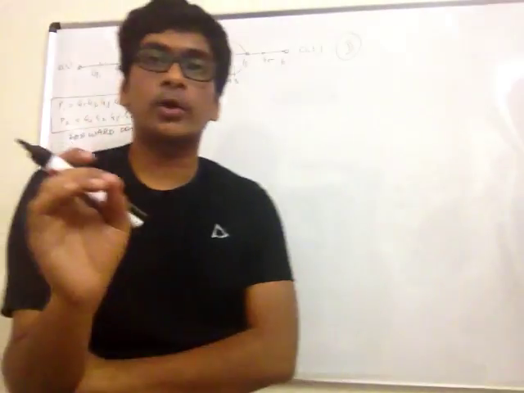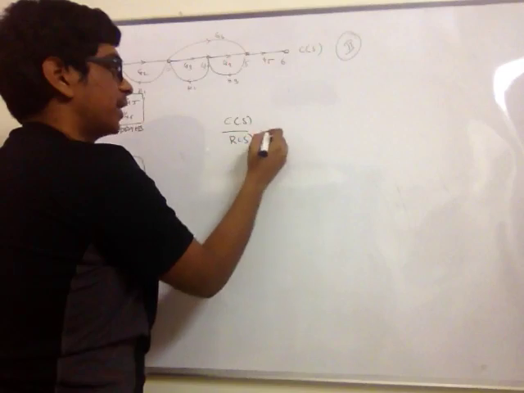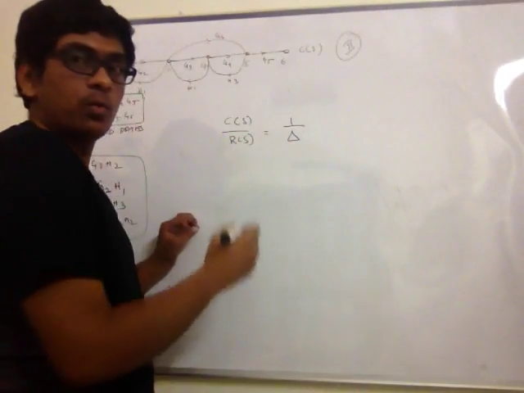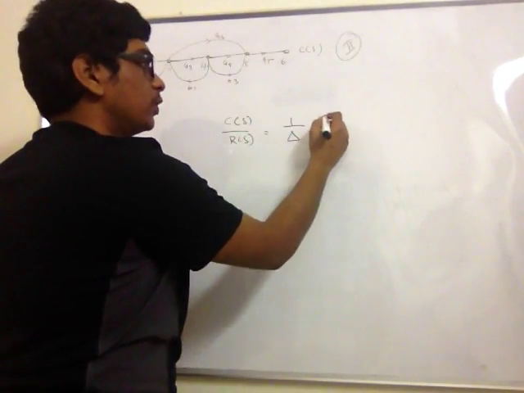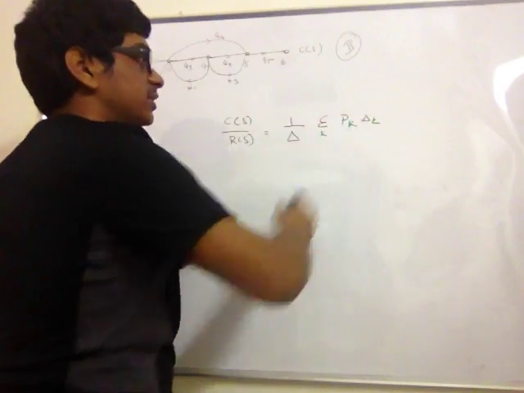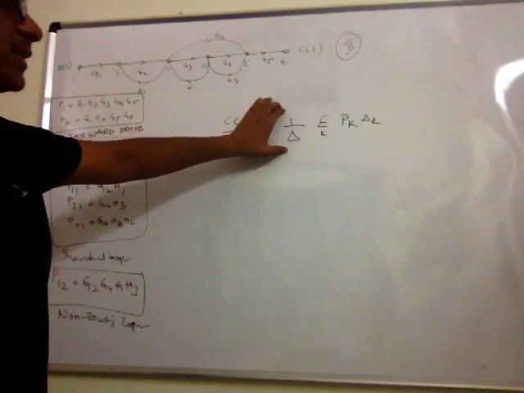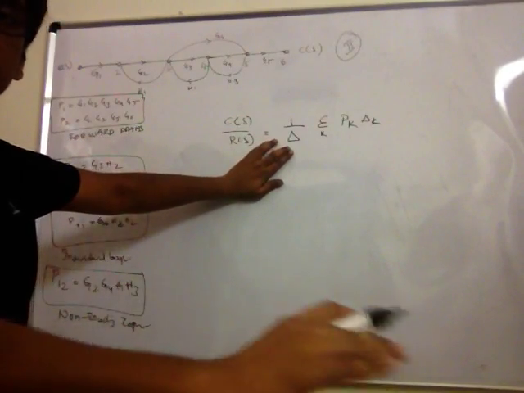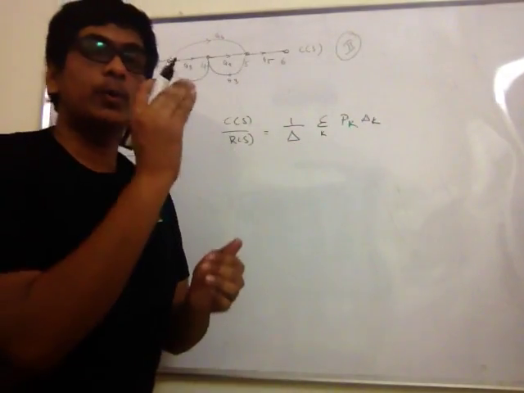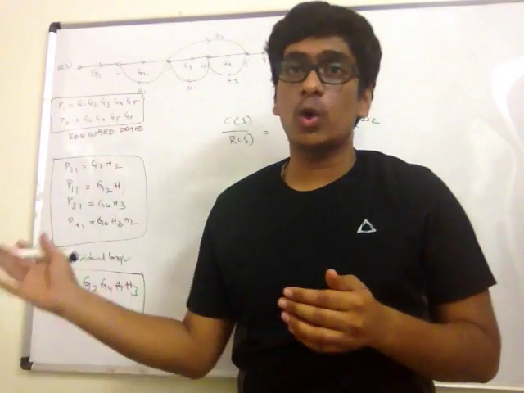So the Mason's gain formula is that C of S by R of S is equal to 1 by delta into sigma K, Pk and delta K. So as you can see, 1 by delta is the same for everything. Sigma Pk delta K. So P1 delta 1 plus P2 delta 2 plus P3 delta 3 and so on.